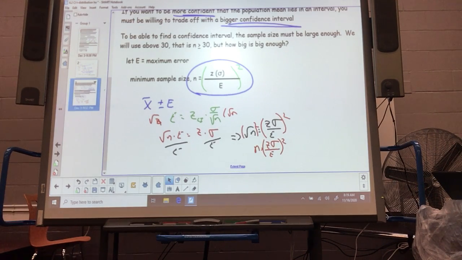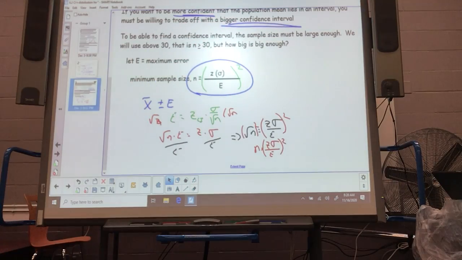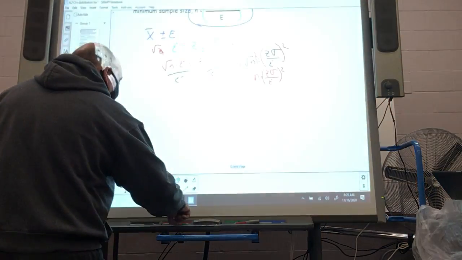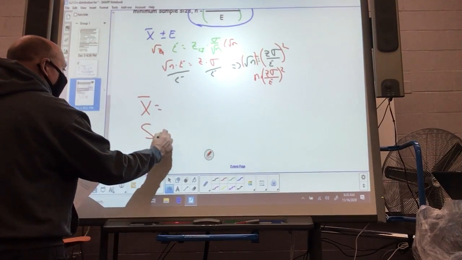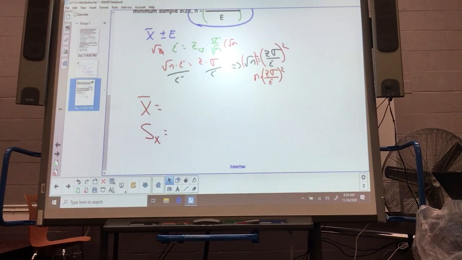If you have to, go down to calculate off of that too. Some of the newer calculators make you jump through another hoop. Some of the basic ones don't. What it gives you is all your statistics. What you want to pull off of that is your x bar and your sample standard deviation.